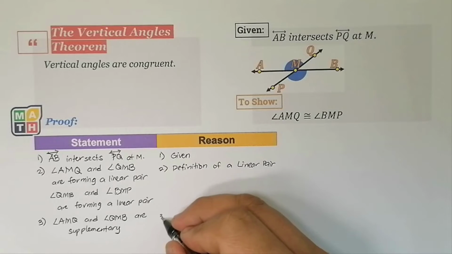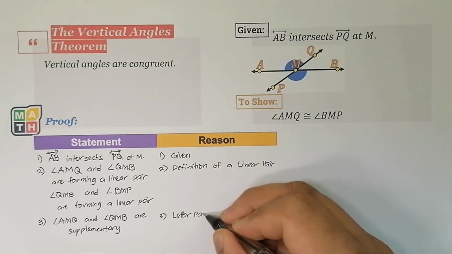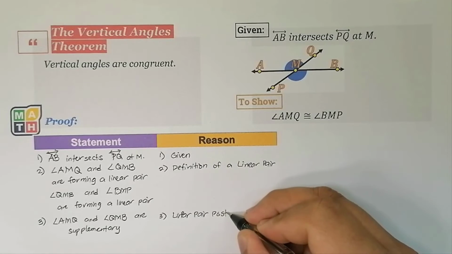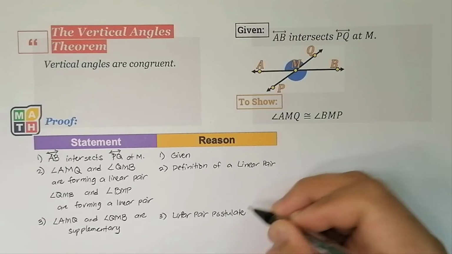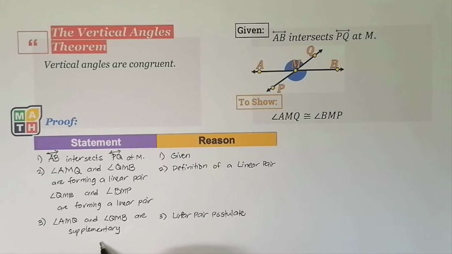This brought us to the linear pair postulate, which tells us that angles forming a linear pair are considered to be supplementary.